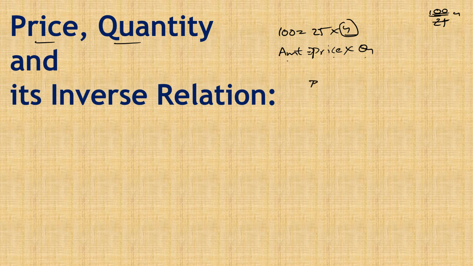Then you will write price into consumption is equals to amount. You can write here as your expenditure from your point of view, or you can write it amount here. Both are equal.